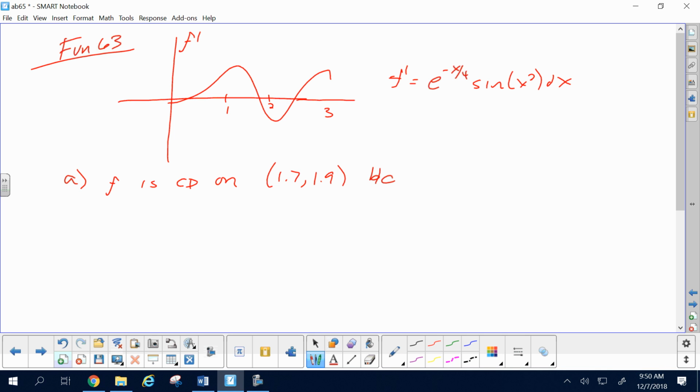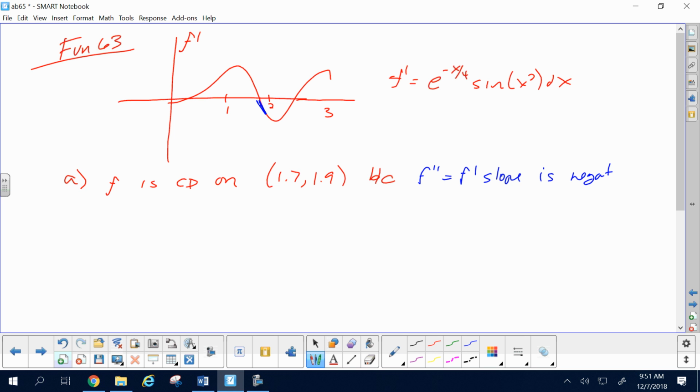To get F double prime, don't you agree that concavity is about F double prime? And F double prime is about the slope of F prime. So you would say F is concave down because F double prime, which equals the slope of F prime, is negative.